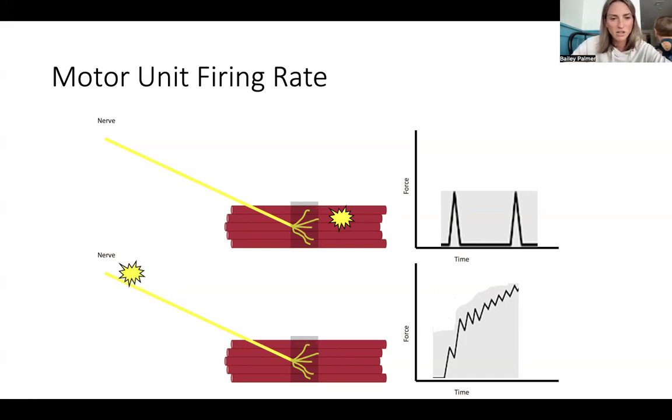Now let's look at the second one. Look how quickly the nerve is sending that impulse. That is manipulating firing rate. That's rate coding. And so look at the graph now. There's little evidence of relaxation within the muscle fibers because the action potential is arriving so quickly that there's no time for relaxation.